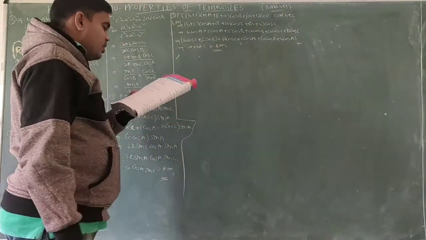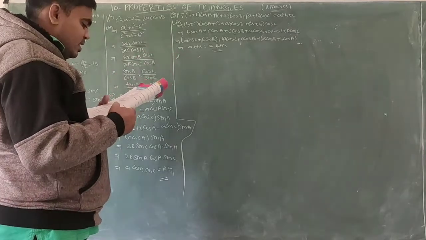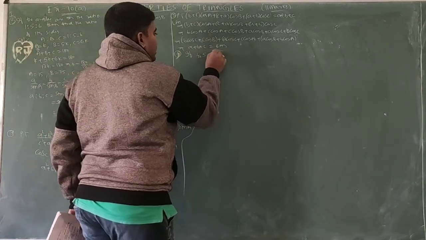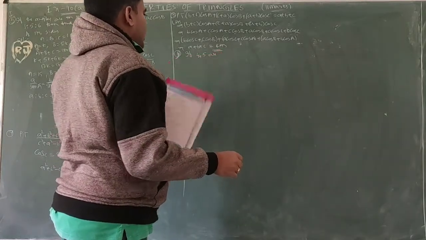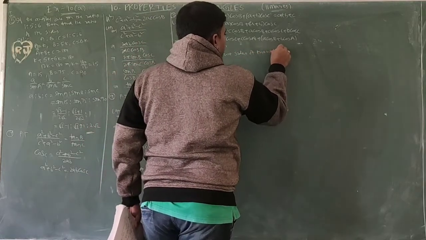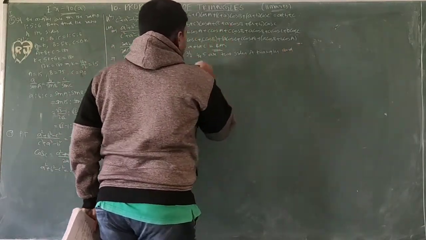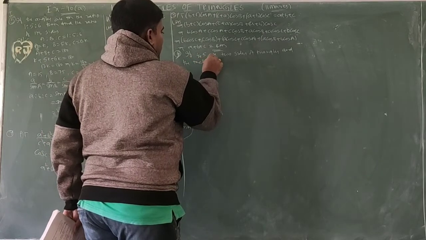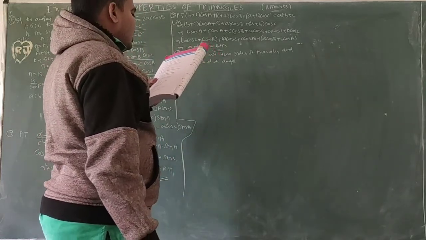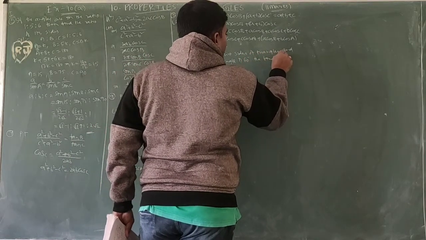Question number 10. If 4 and 5 are two sides of a triangle and the included angle is 60 degrees, then find its area.